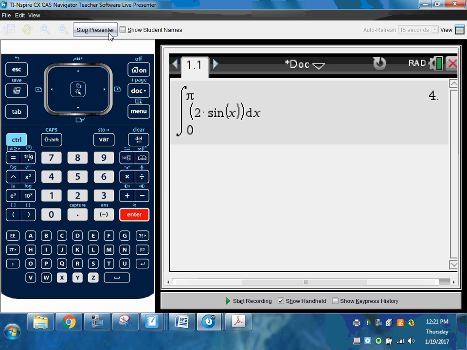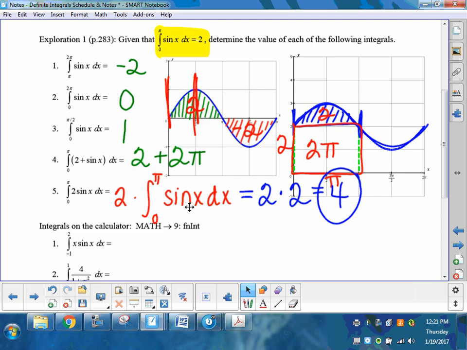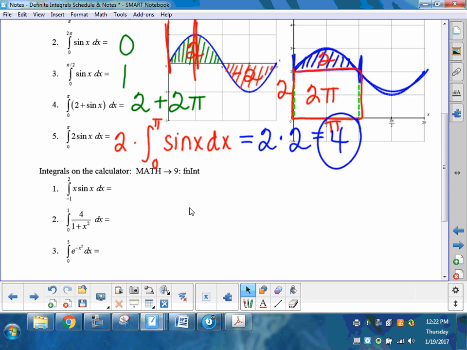Are we doing the first one in exploration one or the first one that says integrals on the calculator? Integrals on the calculator. Come here, let me see what you're getting. Most of the time, just so you know, we type in sine, S, and you have X times that. X sine X. Wait, please. Hang on. Let me go back here. You didn't do X times.